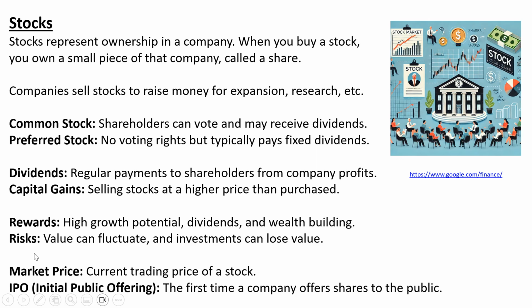So the market price is the current price per share of a stock, and it's based on the demand for the market. And when a company first offers shares on the trading market, it's called an initial public offering. And the share price is generally determined through an analysis by a bank, which helps to manage the initial public offering.